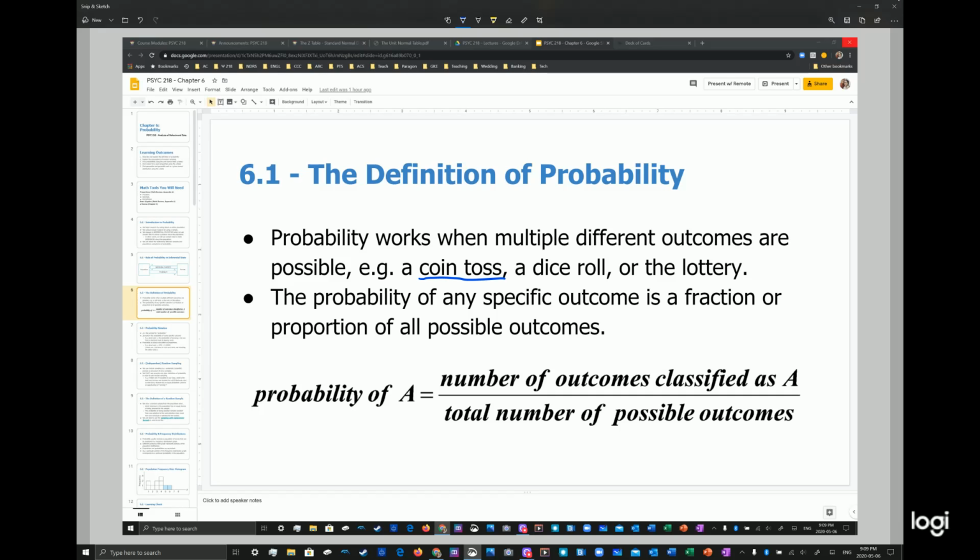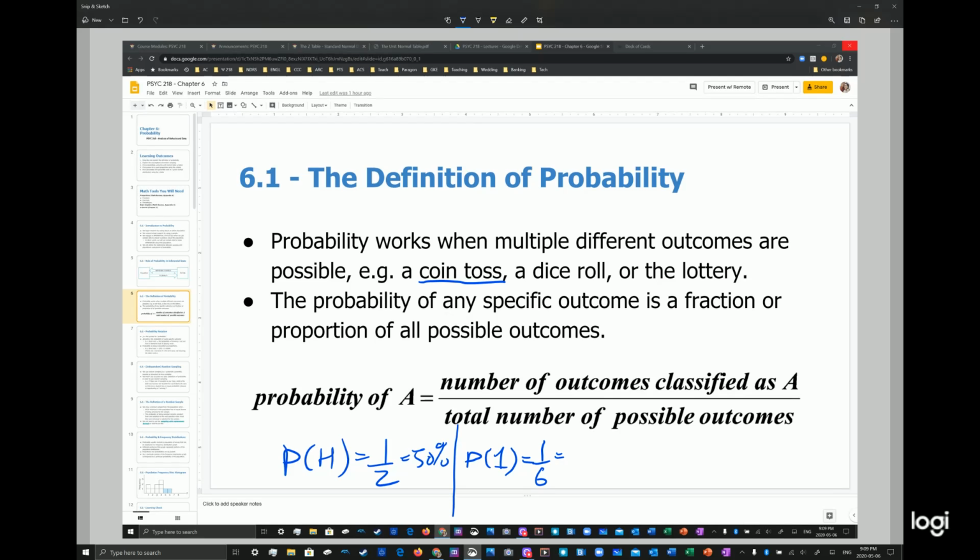If you want the probability of heads, it's 1/2 or 50%. If you want the probability of rolling one side of the dice, let's say 1, a dice has 6 sides, it's a cube, so it's 1/6.